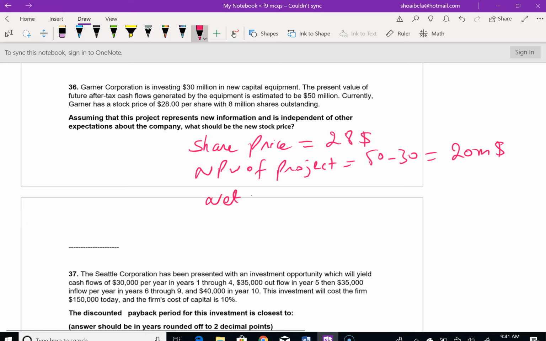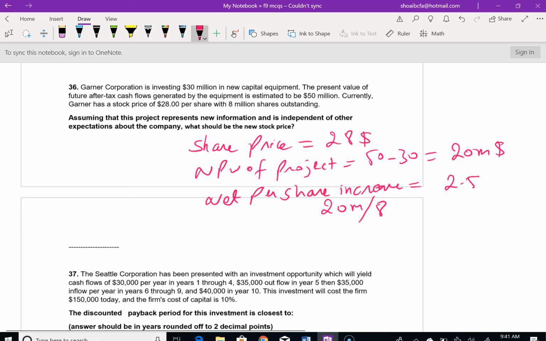Overall the wealth of the firm will increase by 20 million, but on a per share basis it will increase by $2.5. I have calculated it by dividing $20 million over 8 million shares, 2.5.